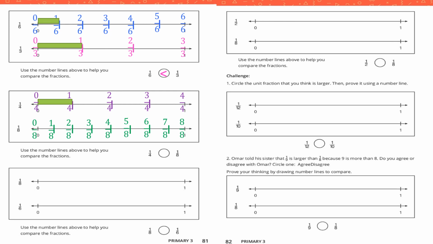Locate 1 over 8 by joining between 0 over 8 and 1 over 8. Which is bigger, 1 over 4 or 1 over 8 on the number line? Yes, 1 over 4.